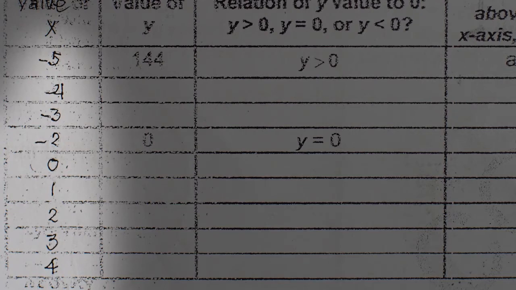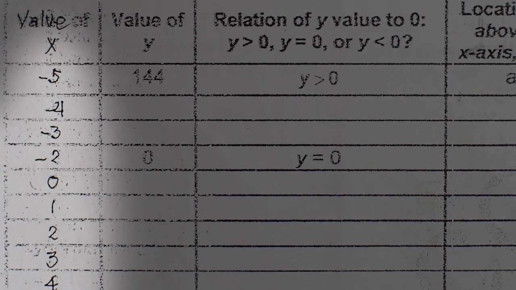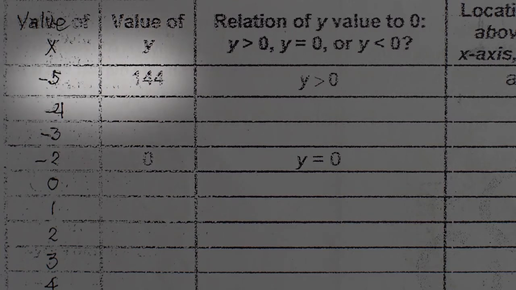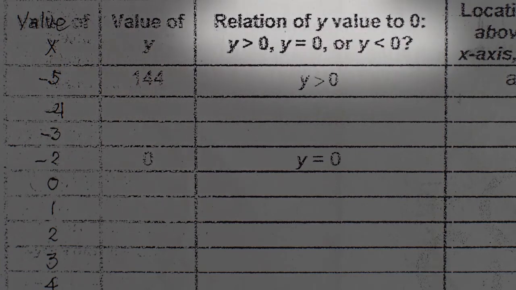Then for the value of y, we have 144. That is an ordered pair, (-5, 144).